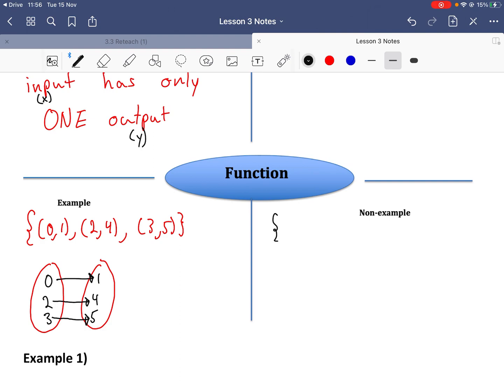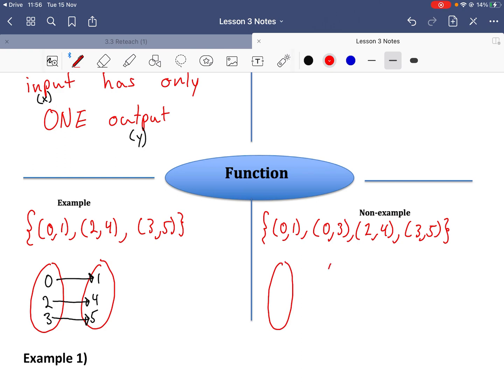Let's say we have (0, 1), (0, 3), (2, 4), and (3, 5). Okay? So when we show this in mapping, we have 0, 2, and 3, and 1, 3, 4, and 5.